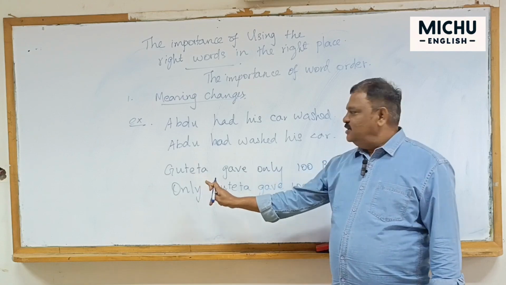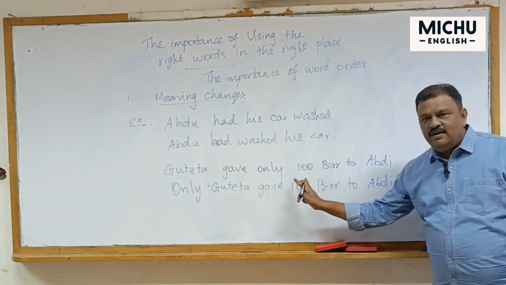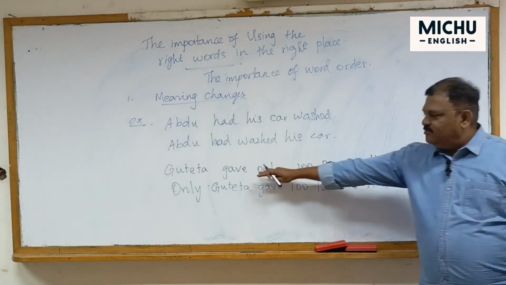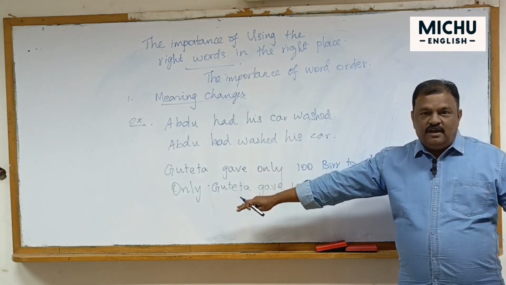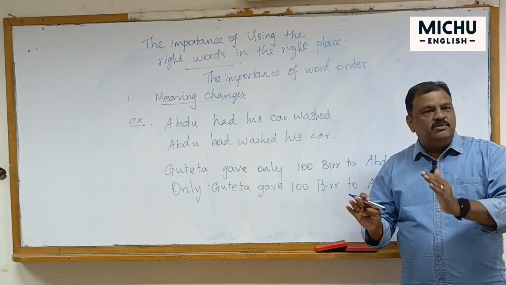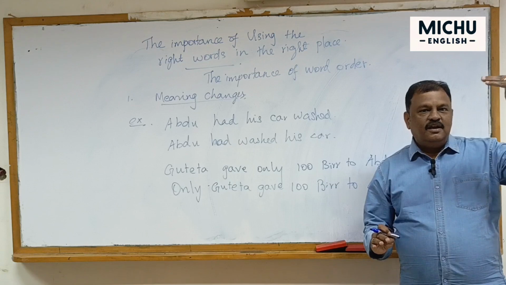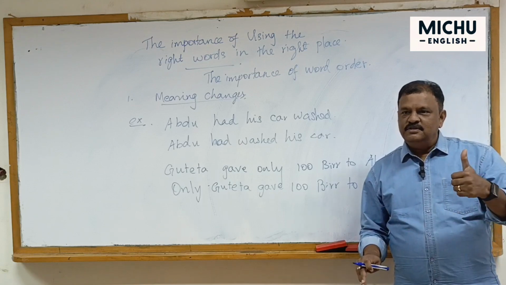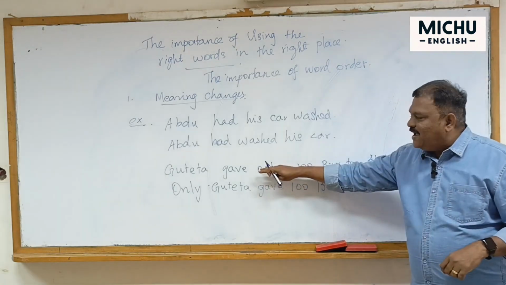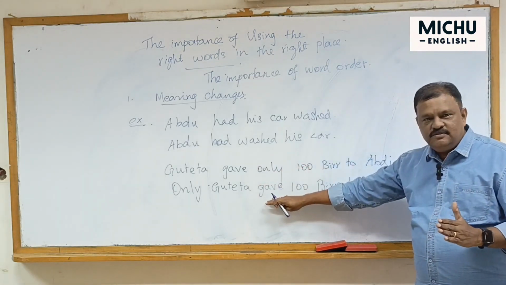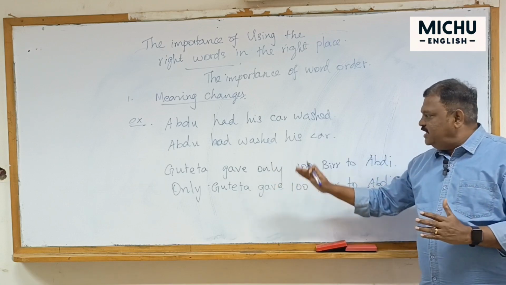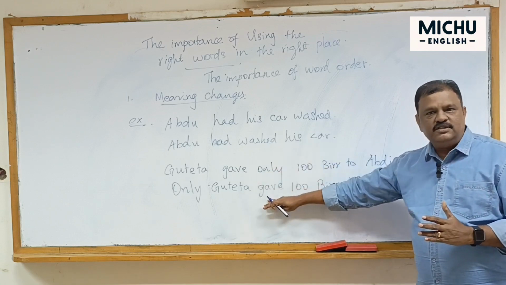Let's read these sentences. Guteta gave only 100 bir to Abdi. The meaning of the sentence is, Guteta gave Abdi only 100 and not more than 100 and not less than 100. You got it? We did not add any new word in this sentence, or delete any word from it.